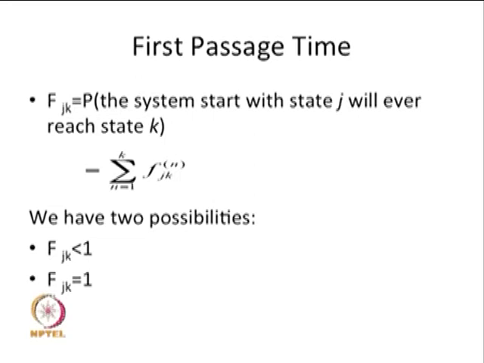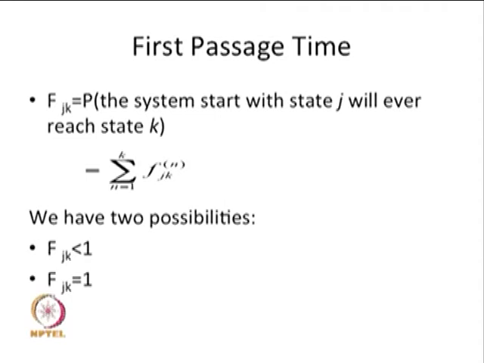If it is less than 1, then with probability 1 minus this probability, you will not ever visit the state k if you start from the state j. The second case says with probability 1, you will always reach the state k, whatever be the number of steps, starting from the state j. So, our interest is both less than 1 as well as equal to 1.